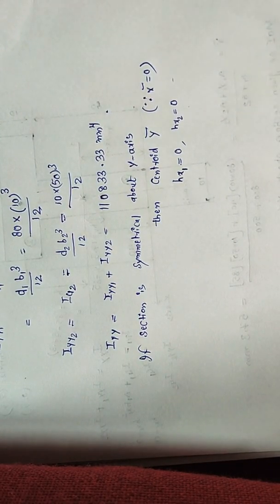If 3 elements are there, then hx3 will become 0.